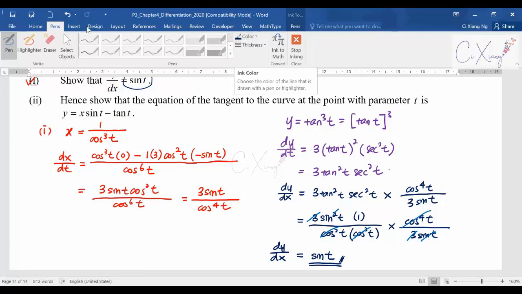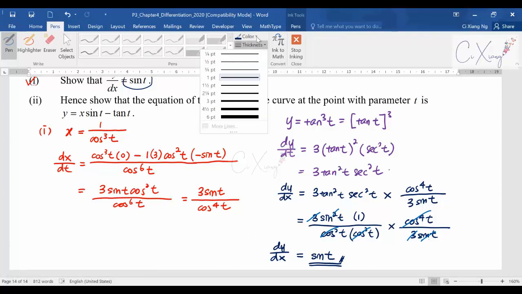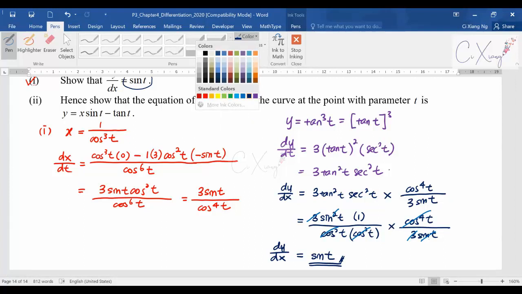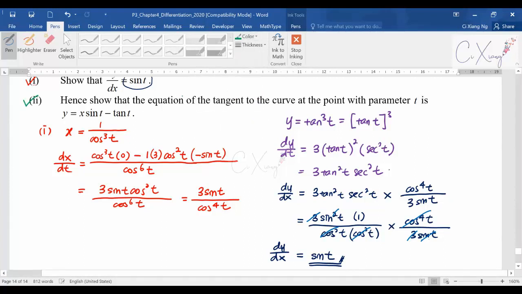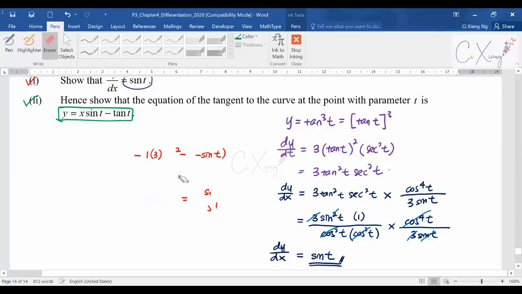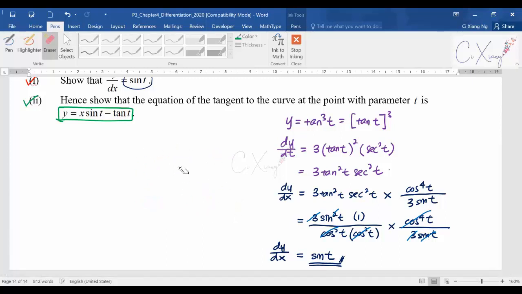Then for the second part, they want you to find the equation of tangent, and they will show that this is the equation of tangent that you will get. To get the equation of tangent, what you need is the x and y coordinate and also the gradient.